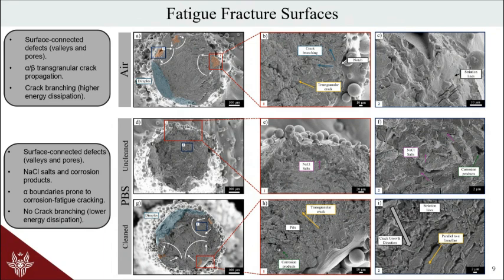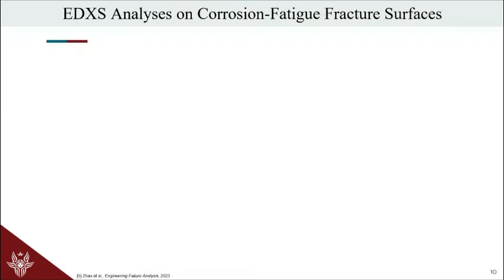And then we can also see in the unclean specimens the presence of NaCl salts, which are the darker spots, not uniformly, homogeneously deposited in the regions where the crack started and then further propagated.